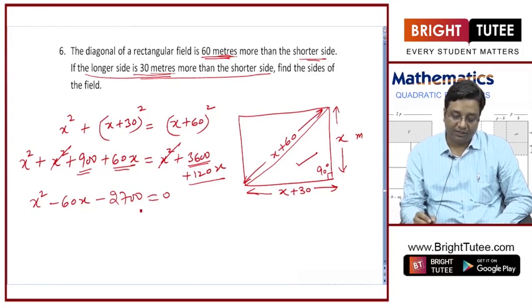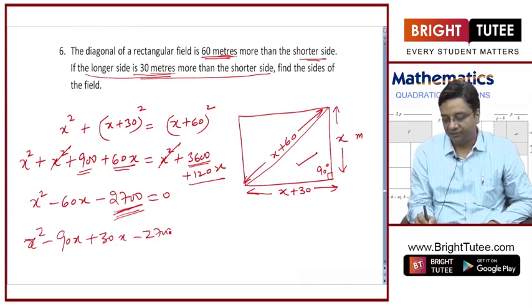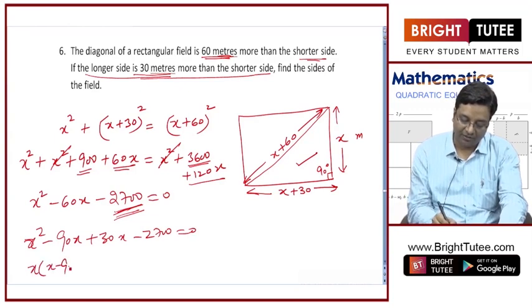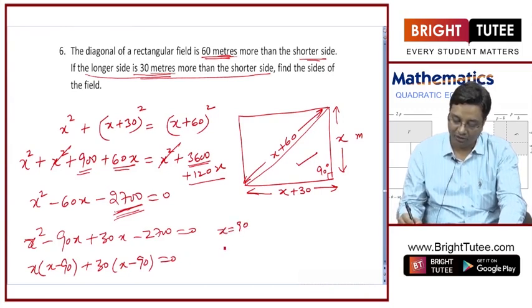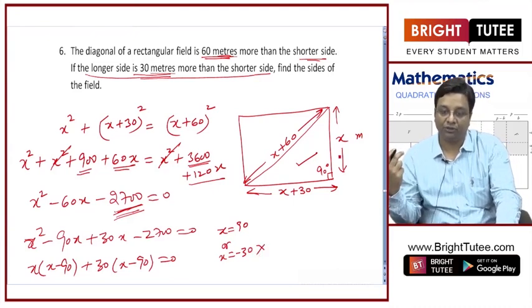So now just the factorization part is left. What will be the factorization here? 2700 can be clearly seen that it can be written as x square minus 90x plus 30x minus 2700 equal to 0. So if I take x as common, x(x minus 90) plus 30(x minus 90) equal to 0. So x will be either 90 or x will be minus 30, which is not valid, right, because x is a length of the shorter side.